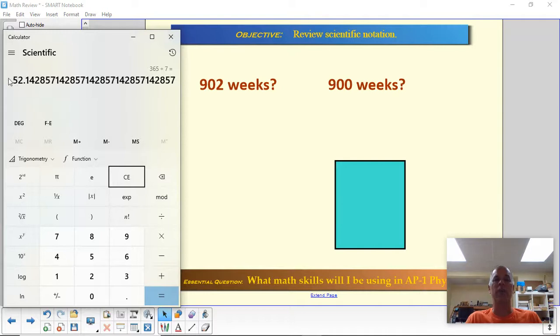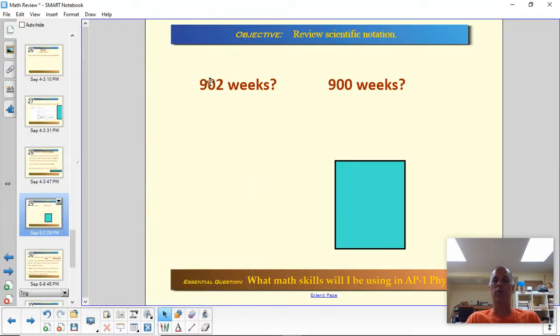That 52 that we used is an approximation to only 2 significant figures. So this 900 weeks really is only 2 sig figs. And if we round off 902 weeks, a more precise answer, to 2 sig figs, it turns into 900. So these are actually the same answer. It's just we happen to have a little more precision with the 902.